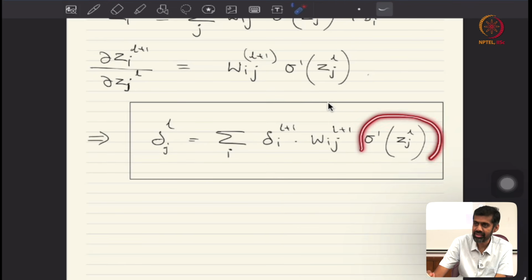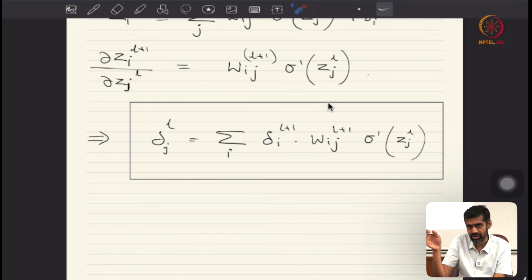If you ignore this particular term, all we are saying is the error associated with the jth neuron in layer L is the linear combination of the error associated with all the neurons in the L plus first layer, and the linear combination is weighted by the weights that are connecting the layer L and L plus 1. You see that?